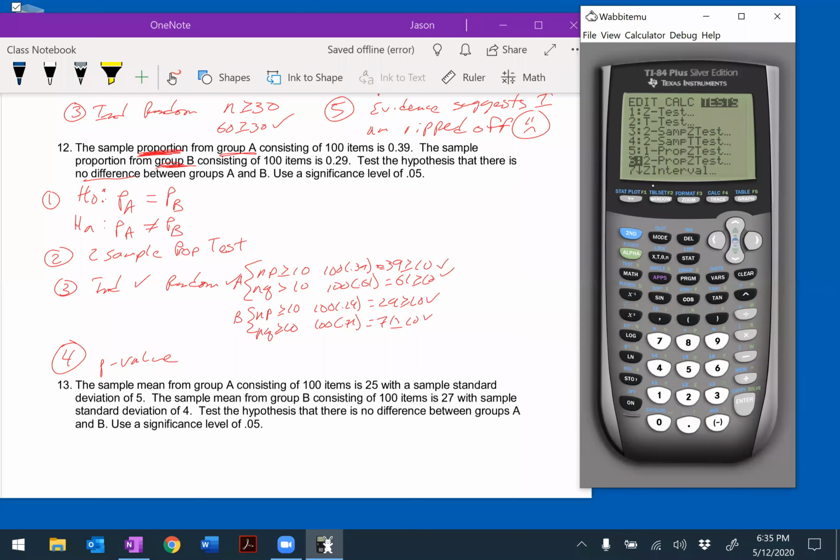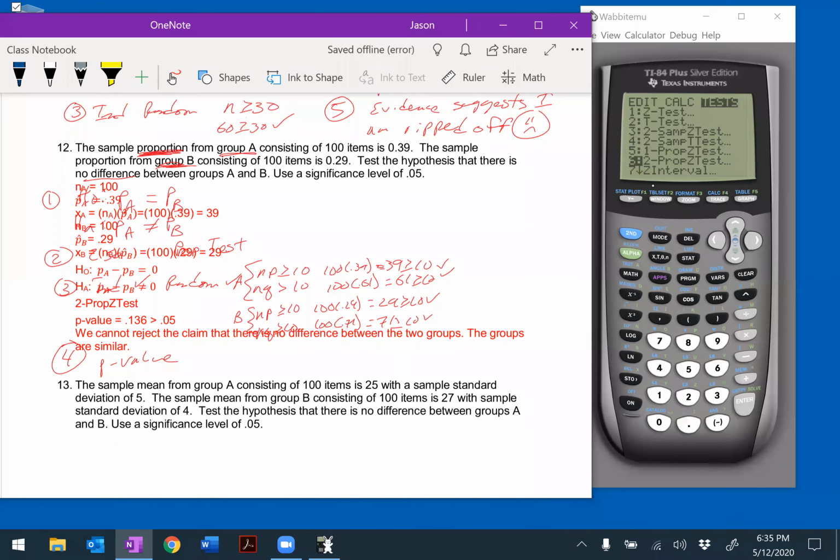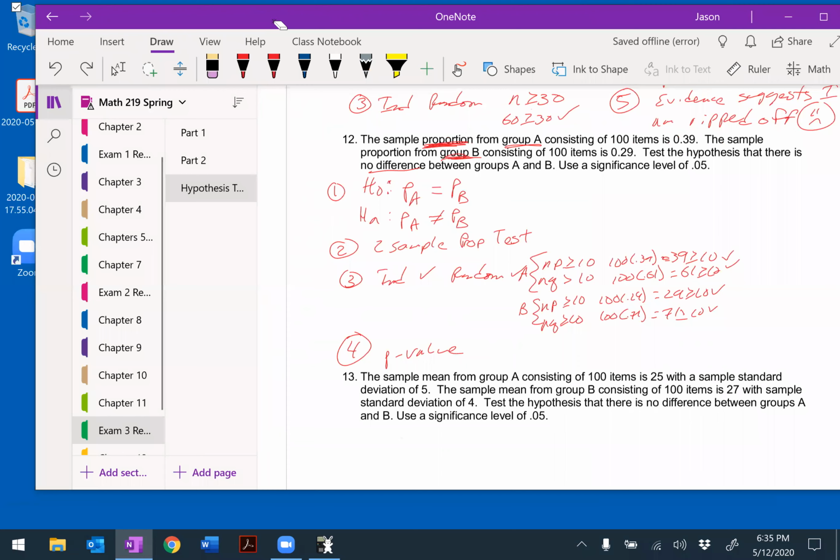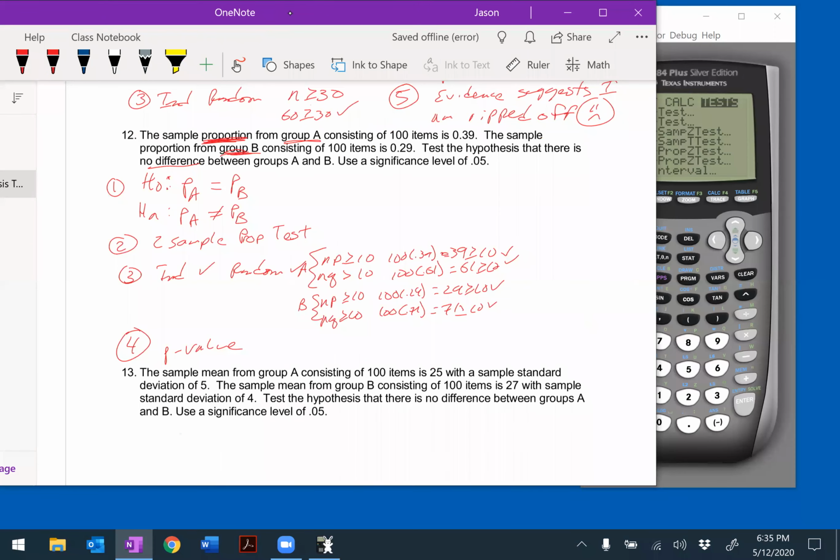So this is number 6, 2 prop z-test. Oops, let's get rid of that again. There we go. 2 prop z-test. Okay, that's what it says in the calculator.